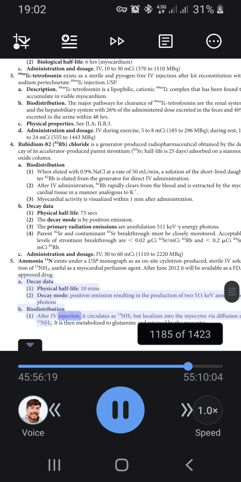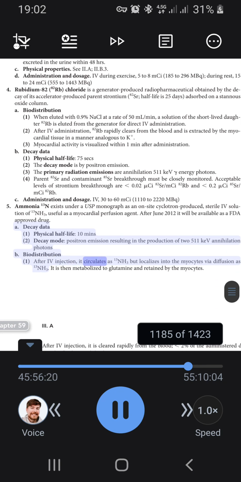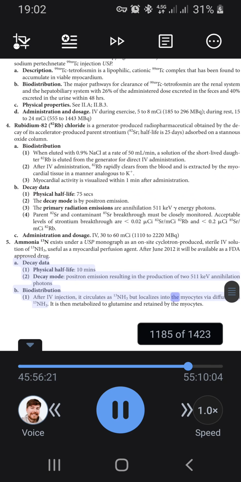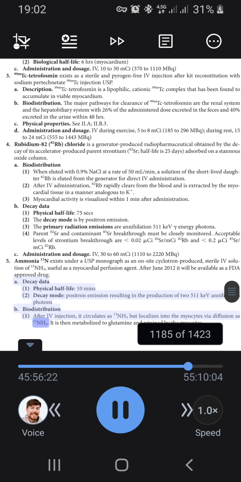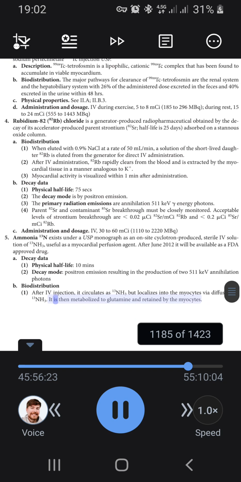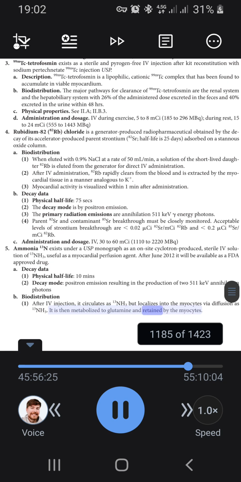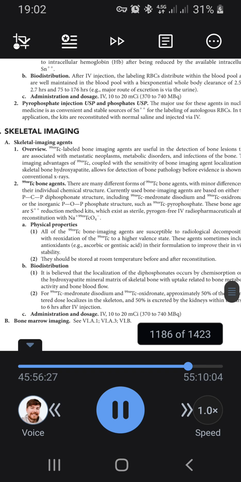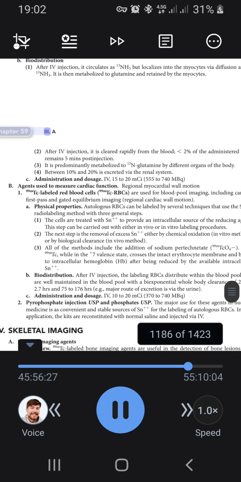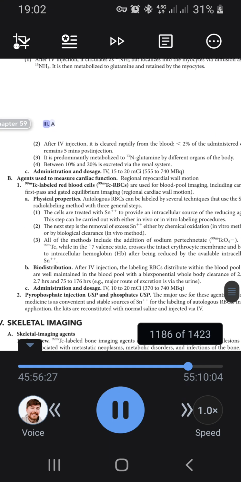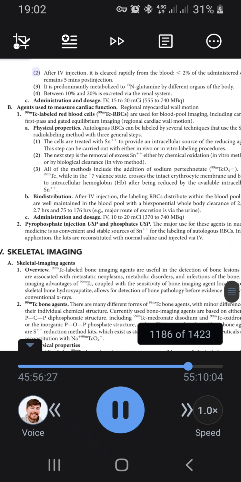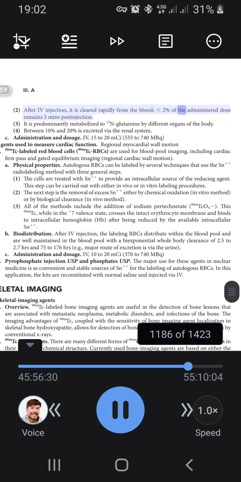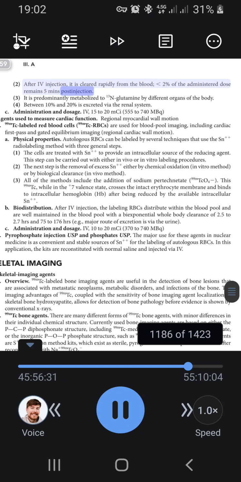B. Biodistribution. 1. After IV injection, it circulates as N-13 NH3 but localizes into the myocytes via diffusion as NH3. It is then metabolized to glutamine and retained by the myocytes. After IV injection, it is cleared rapidly from the blood. 2% of the administered dose remains 5 minutes post-injection. 3.